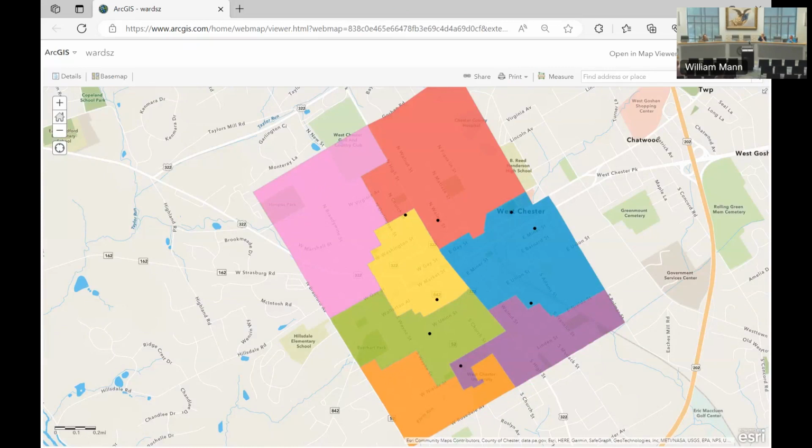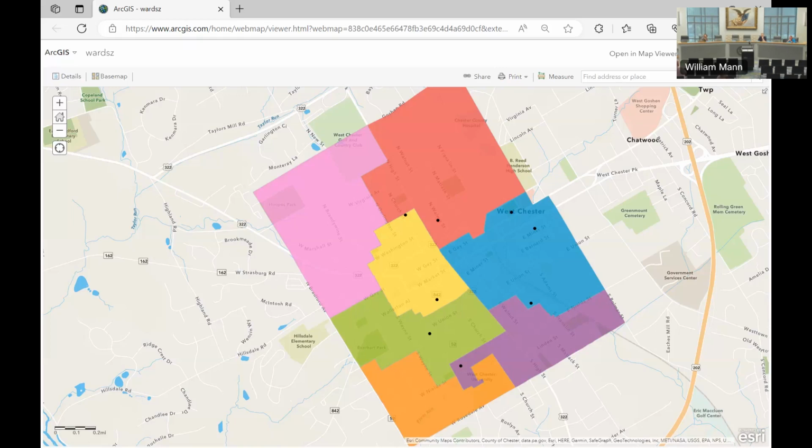So I think my biggest question would be, could you answer which plan gives Ward 5 the most residents that do not live on campus? I understand the question. I don't know the answer.